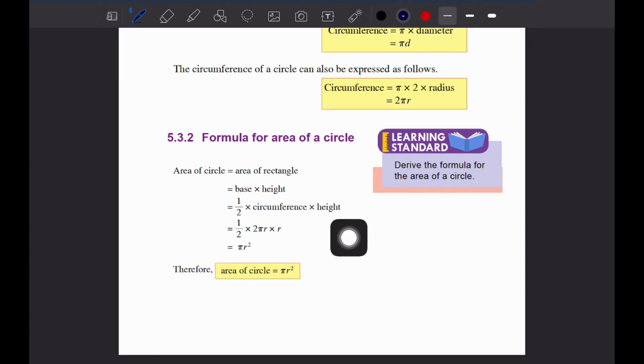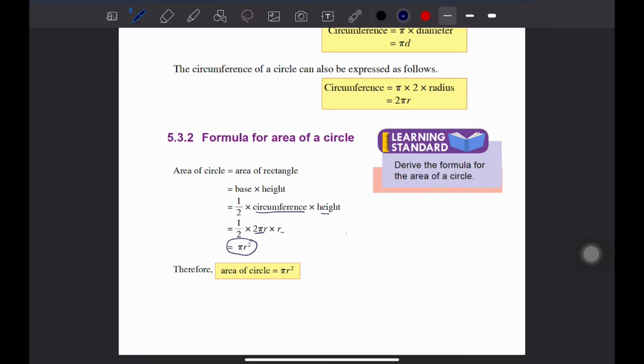For circle you can write it as 1/2 times circumference times height, or 1/2 times 2 pi r. This is the circumference, right? 2 pi r, and the height is r. So you will get pi r square.